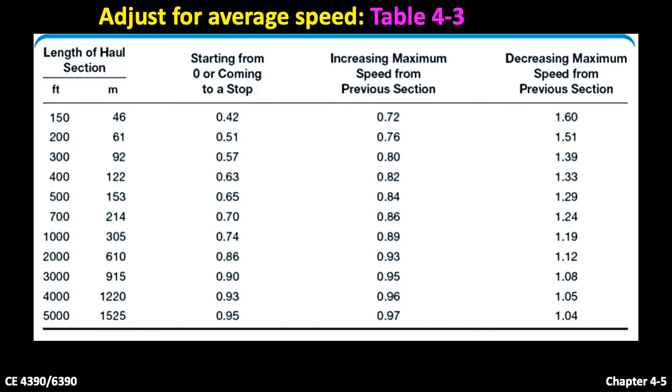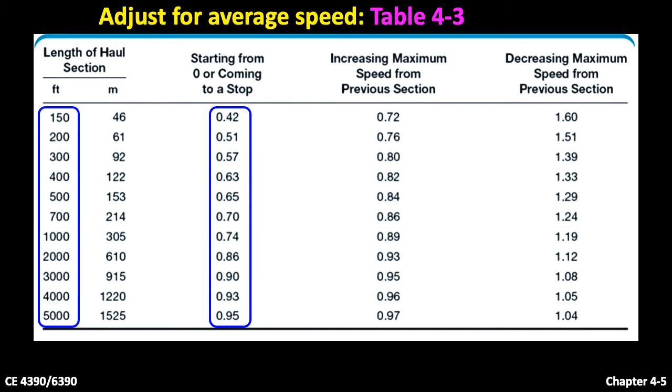Now we need to find the average speed for the whole section using table 4.3. Given a hauling distance, this table gives you the speed factor. In this example, during hauling, the truck needs to accelerate from 0 to the maximum speed, then decelerate to 0 when it stops, so we use this column to find the speed factor.